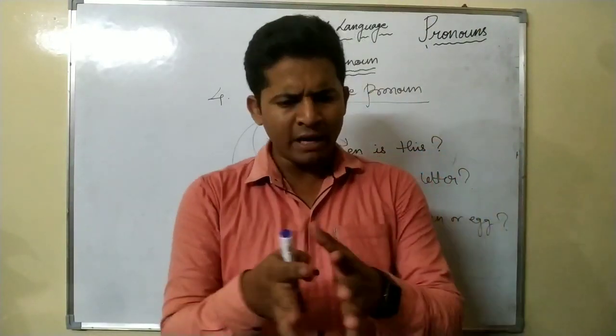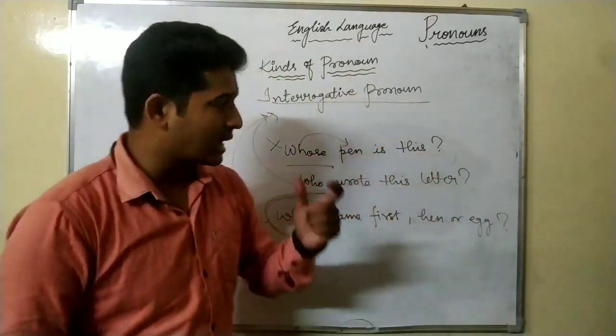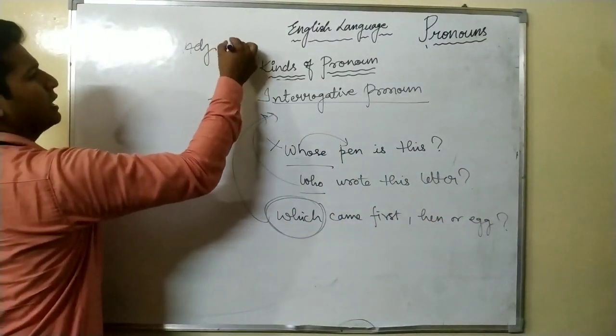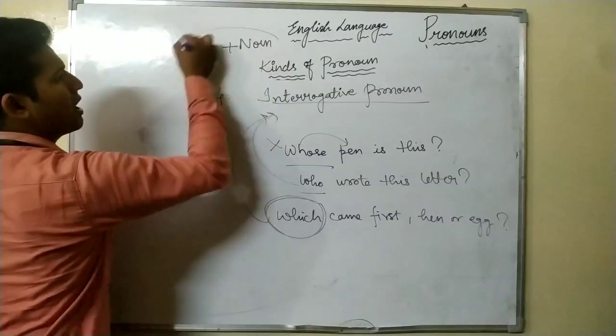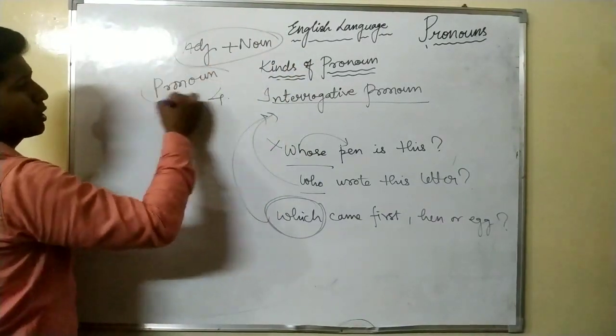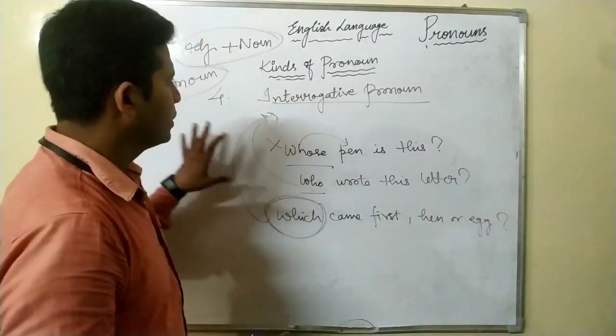You'll find a lot of similarity. The only difference is that an adjective always comes along with a noun, but there is no question of a pronoun coming along with a noun. It replaces a noun.